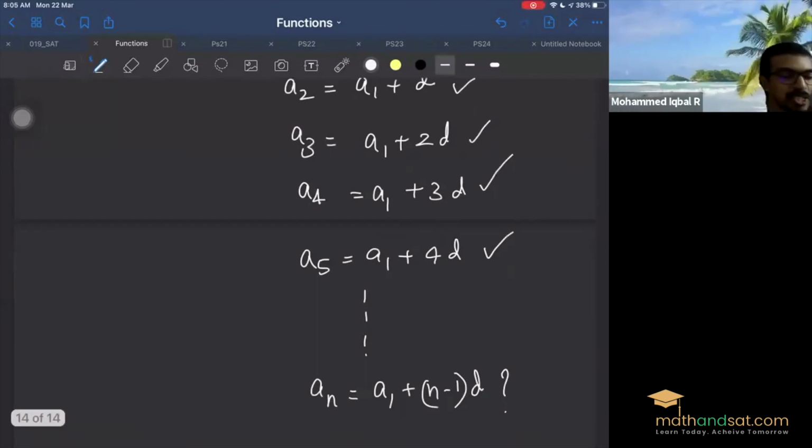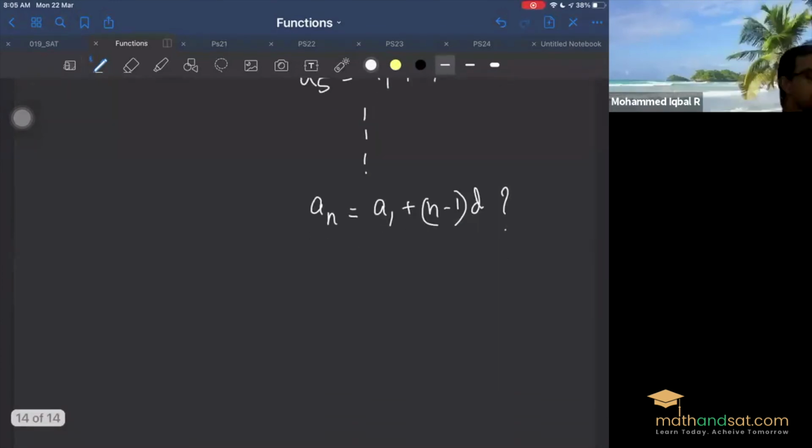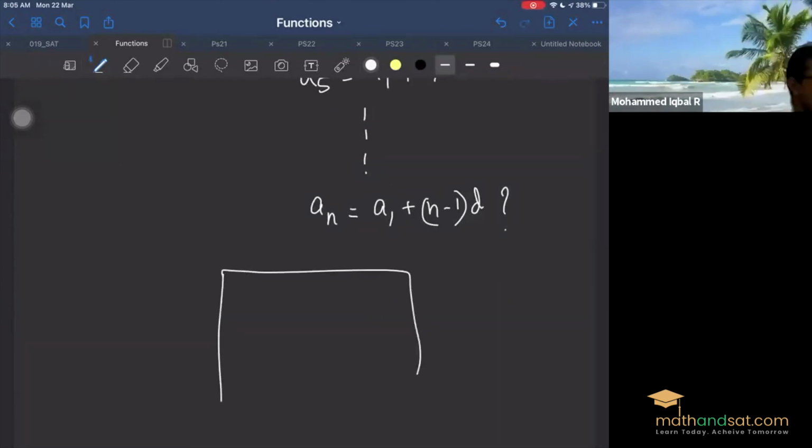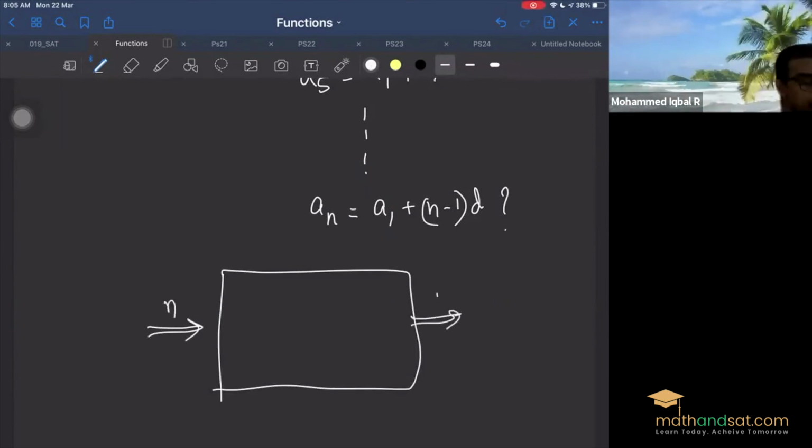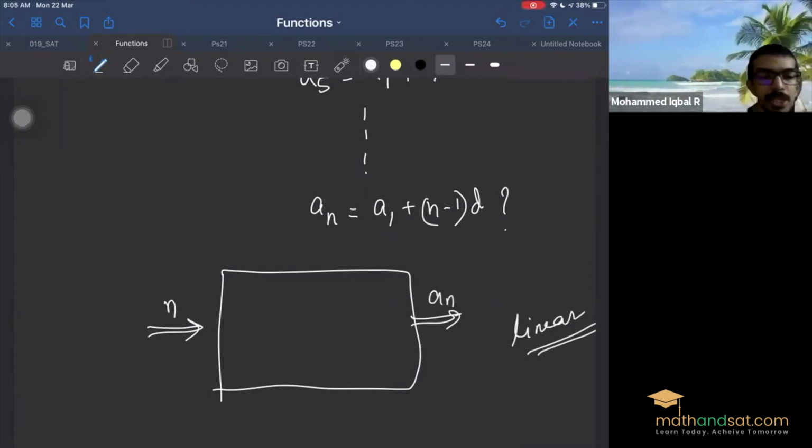So what we just saw is, if I think of this as an input-output relationship, this relationship is linear. The relationship between n and an is a linear relationship. So arithmetic sequence is another common example of what we call linear functions.